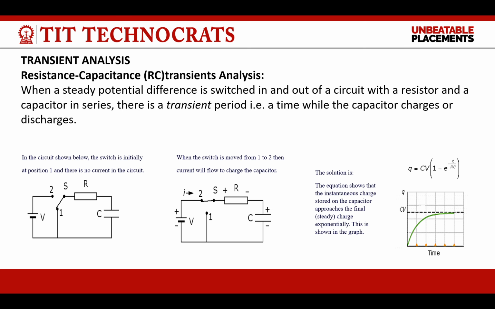This is the best example of resistance capacitance transient analysis. When the switch is moved from 1 to 2 and from 2 to 1 in the RC circuit, here Q is equal to CV(1 - e^(-t/RC)).